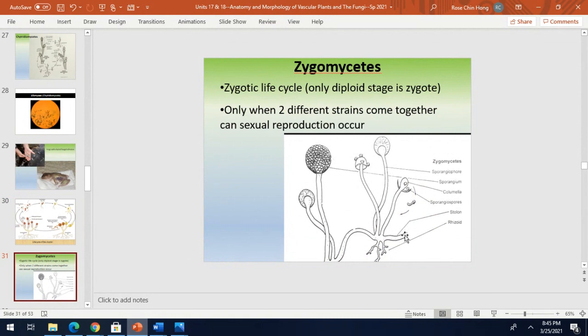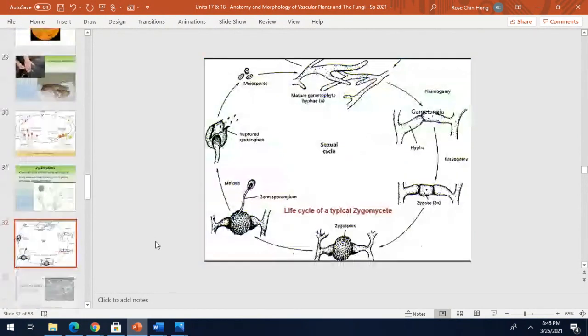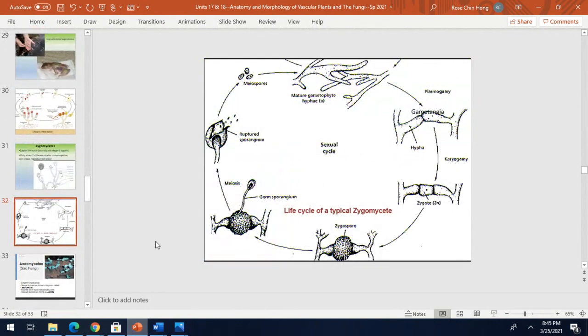And this is just other parts of our zygomycete fungal growth. So you have rhizoids, stolons, and all that stuff. So let us go on to the next, where we could see the life cycle of a typical zygomycete.